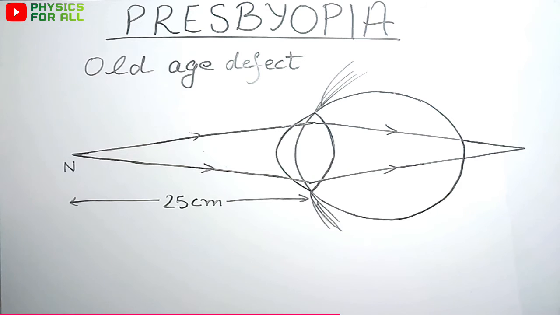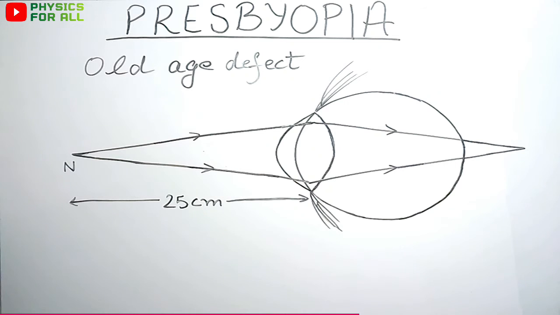For a normal eye, if a person has to see a distant object, in that case ciliary muscles relax and the lens becomes thinner. In that case its focal length increases and light rays coming from a far away object can be easily focused onto the retina.